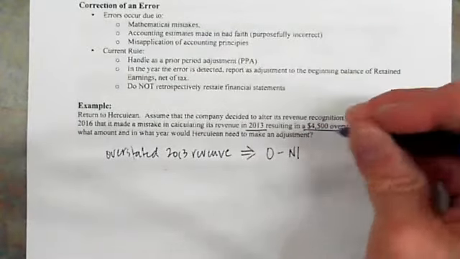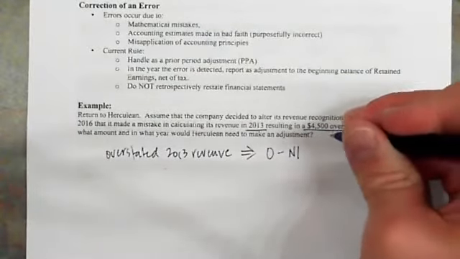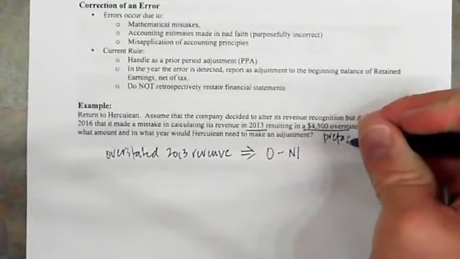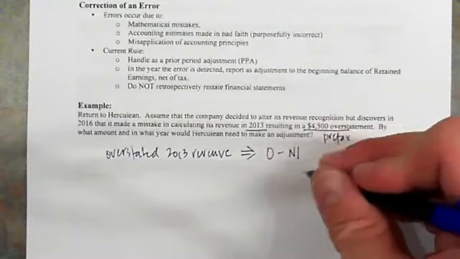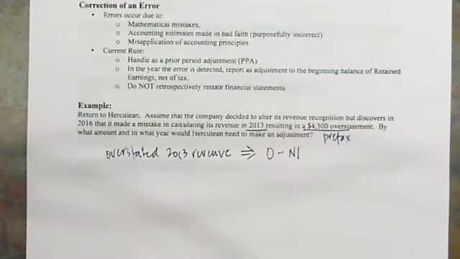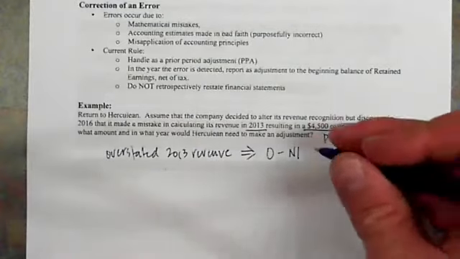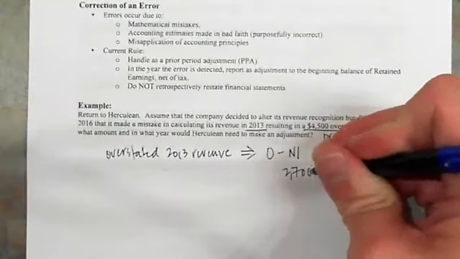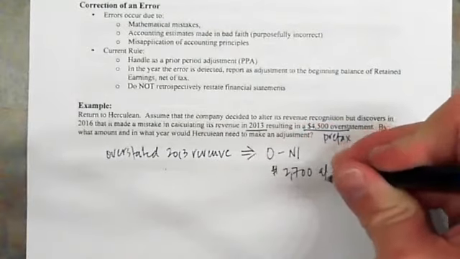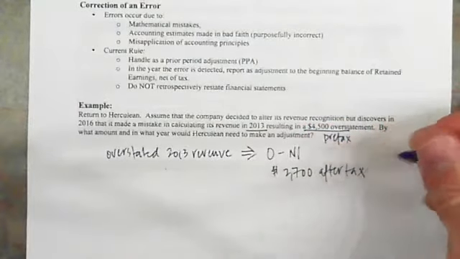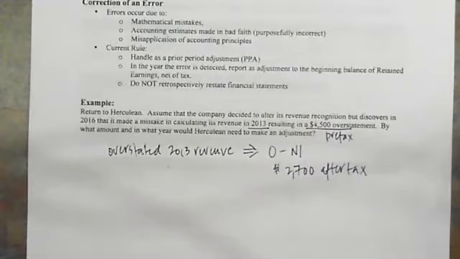And I didn't say whether this is pre-tax or after tax, so always assume pre-tax unless otherwise stated. So what would this effect have on net income if we're going to consider taxes? It would have been a $2,700 overstatement. All right, so what do we have to do then? Well, in order to reverse the overstatement, we'd have to decrease net income.